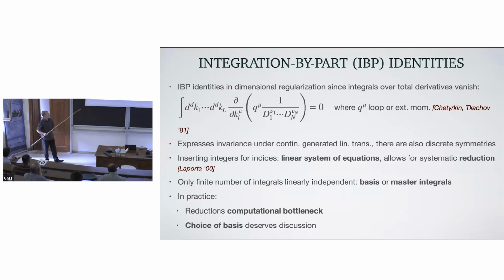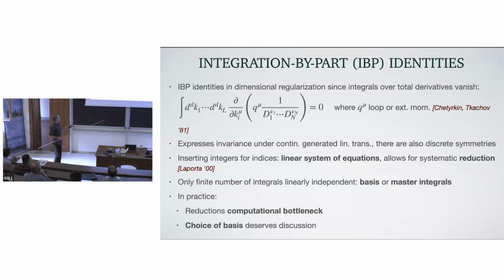And in principle, you can choose different powers here and write down many of these relations, combine them, and solve this linear system of equations, and in this way achieve a systematic reduction of an arbitrary integral down to a basis of loop integrals. So in principle, you can give this to anyone without additional knowledge, and in principle, it's totally clear how to do this.